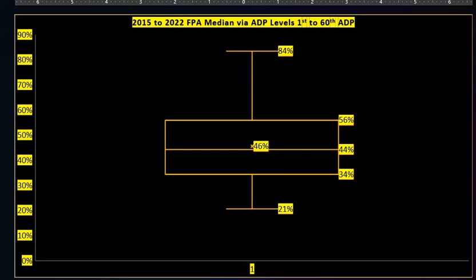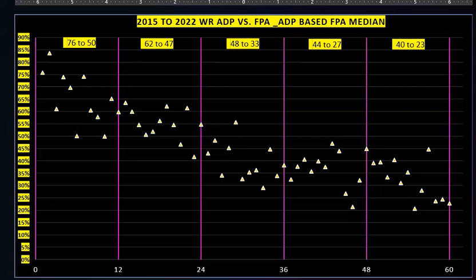So what I did was look at the fantasy points and convert them to percentiles. And I artificially decided to break the 60 into 12ths, or fifths, right? So first 12 ADP, second, third, fourth, and fifth.